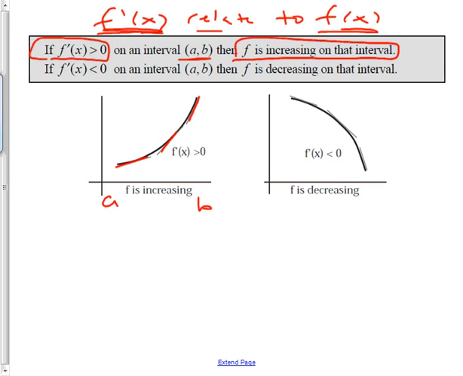F must be going upwards. And if our derivative function is less than 0, so if the slopes are negative, then my function must be decreasing on that interval between a and b. So this is just a more formal way of writing what we've already looked at.